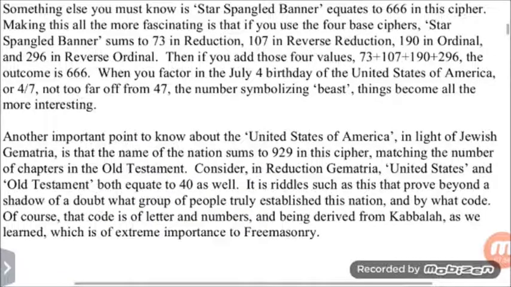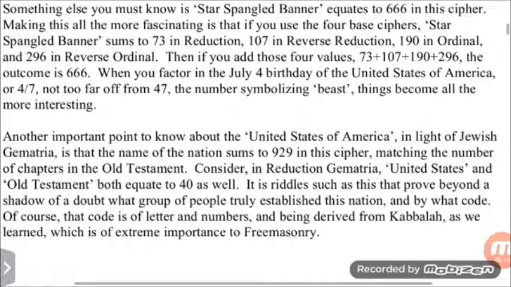Something else you must know is Star Spangled Banner equates to 666 in this cipher. Making this all the more fascinating is that if you use the 4 base ciphers, Star Spangled Banner sums to 73 in reduction, 107 in reverse reduction, 190 in ordinal, and 296 in reverse ordinal.